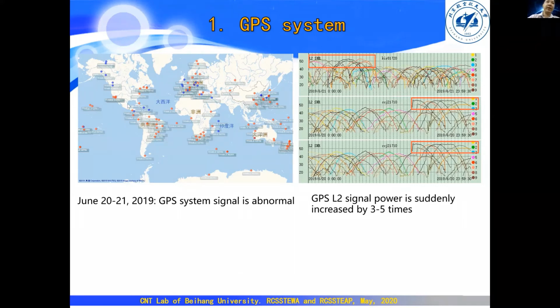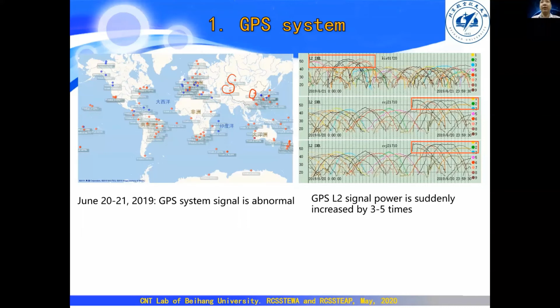We see something in the red dots. All these red dot stations reported abnormality of the GPS system. What is abnormal? The GPS L2 signal power suddenly increased by maybe 3 to 5 times. You may see the picture. This is the average, commonly.